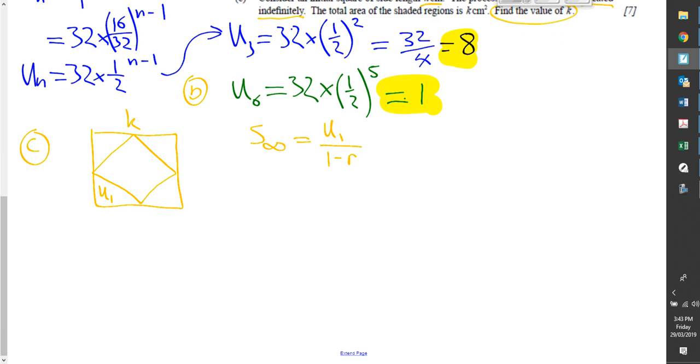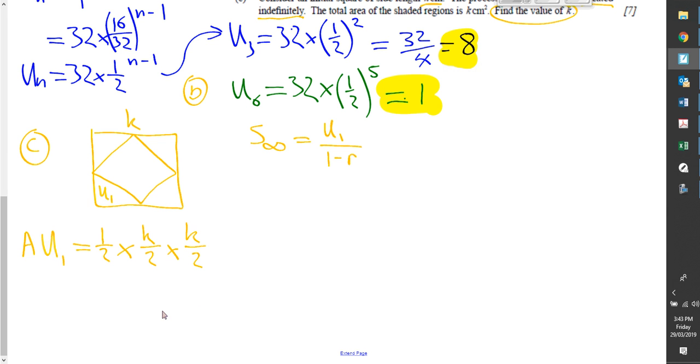So U1, or the area of U1, is going to be equal to half the base times the height. So it's going to be half times the base. Now the base is going to be, because the whole side here is k, k over 2, multiplied by the height, which will also be k over 2.